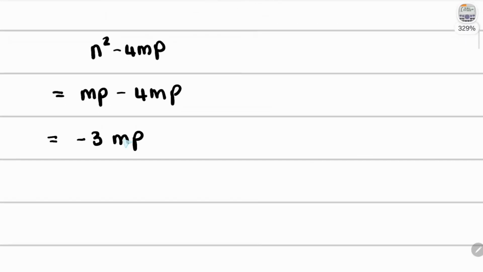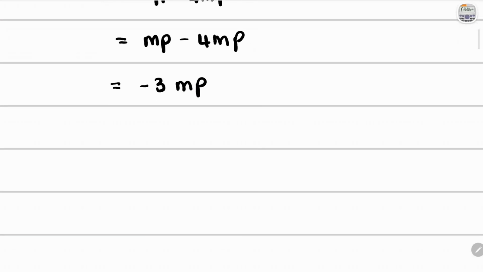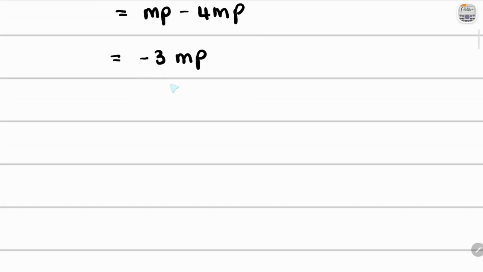A positive real number times another positive real number gives a positive real number, and then times negative 3 is of course a negative value. We can show that m times p is greater than 0, so negative 3mp gives us a value less than 0.